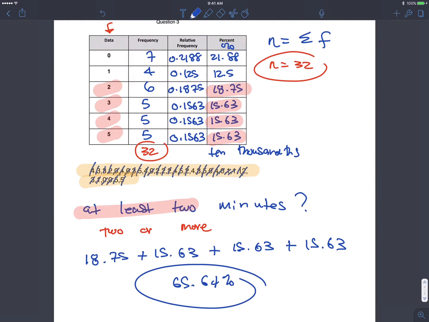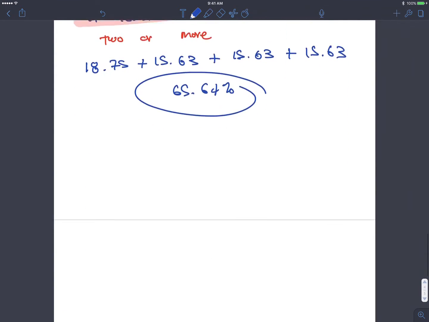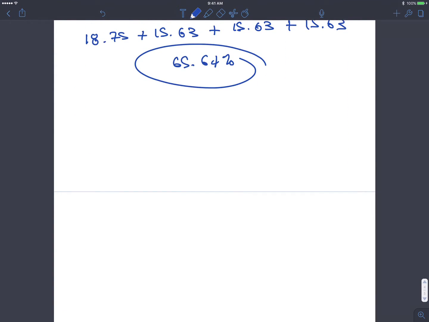Okay, the next question is, what percent of the sample waited for more than 2 minutes in line? Let's figure out the key here: understand the meaning of the phrase more than 2.